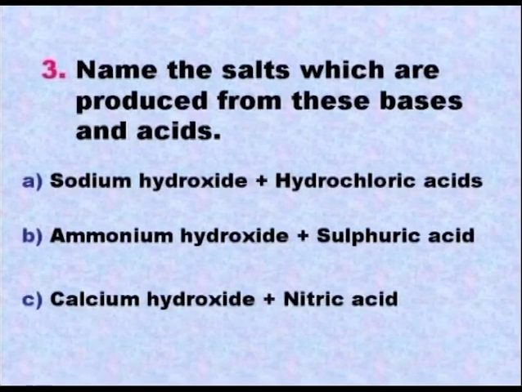That is the salt produced. From ammonium hydroxide, the base, and the acid, sulfuric acid, we have the salt ammonium sulfate. From calcium hydroxide, the base, and nitric acid, we have the salt calcium nitrate.